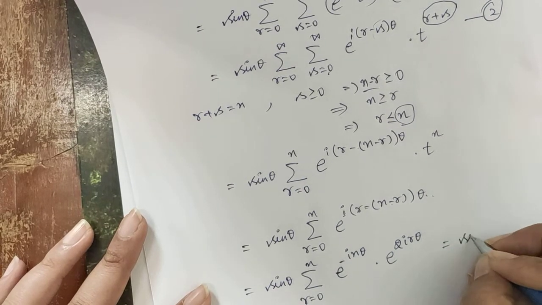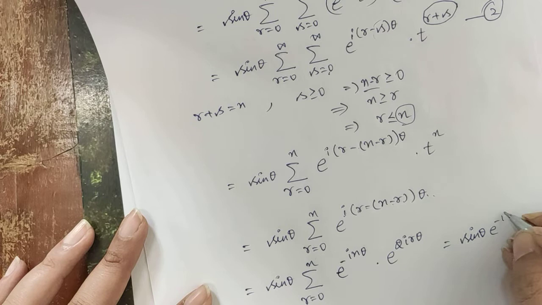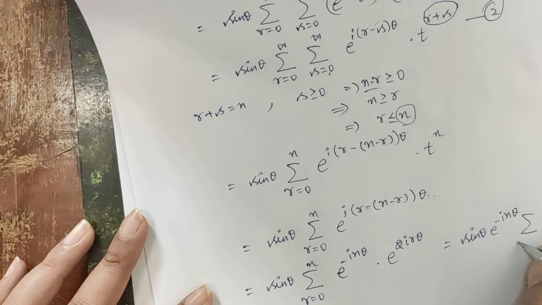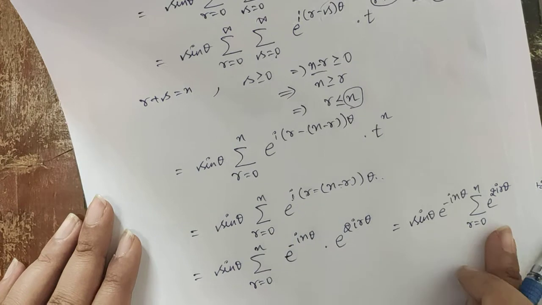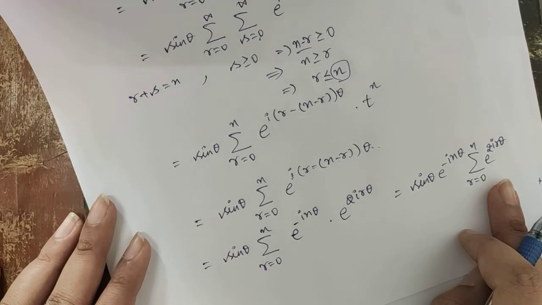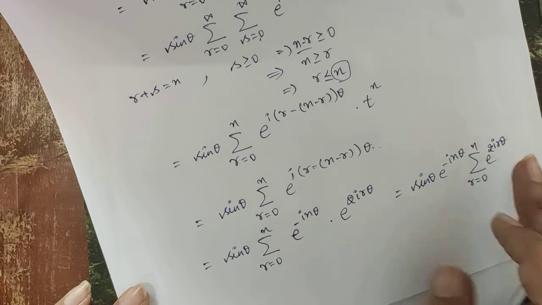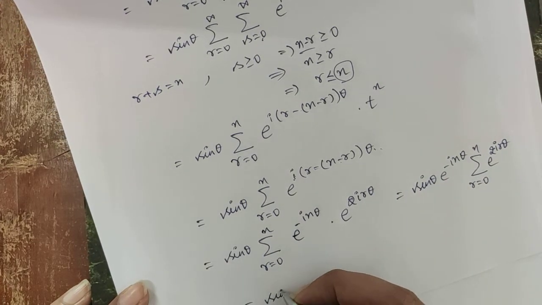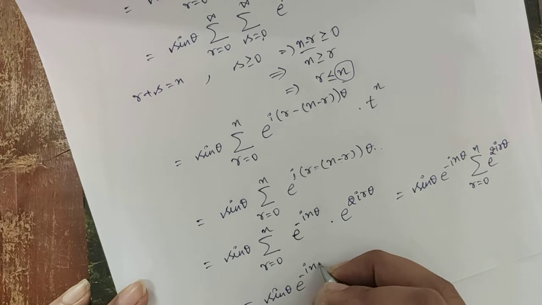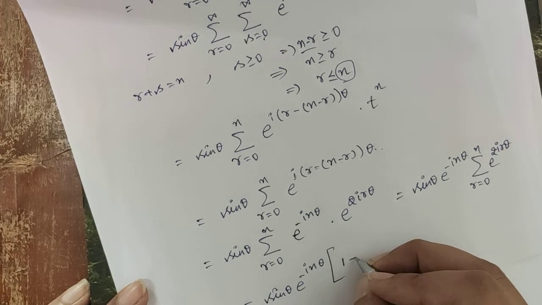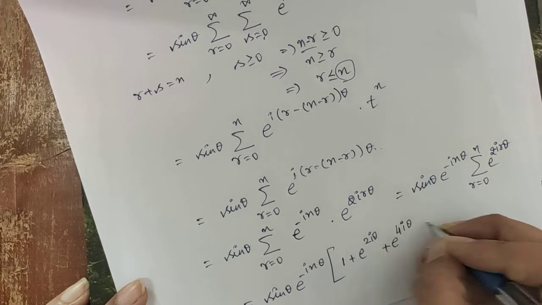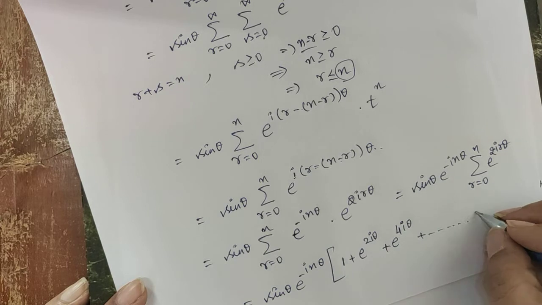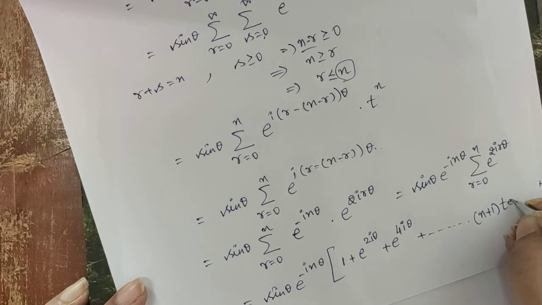So this is nothing but sin theta into e power minus i n theta into summation r is equal to 0 to n, e power 2 i r theta. Right? So now again using geometrical series I can expand this term as sin theta into e power minus i n theta into (1 plus e power 2 i theta plus e power 4 i theta plus so on) up to n plus 1 terms.